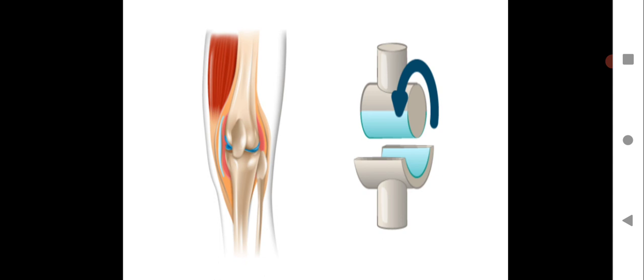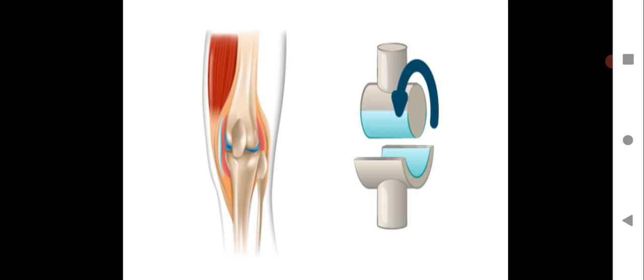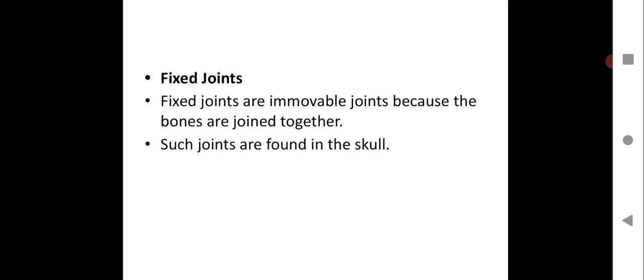Back and forth movement of the door is possible because of the hinges attached to the wooden frame. You can check that hinge, and it resembles the hinge joint present in the body, and that's why you can move your knees and elbows back and forth. I hope these hinge joints are clear to you all, and you can see this image. It will give you a clear idea.